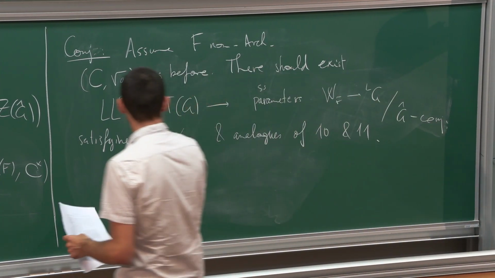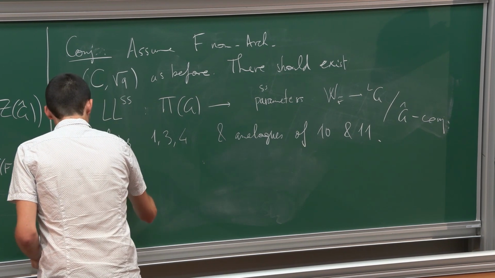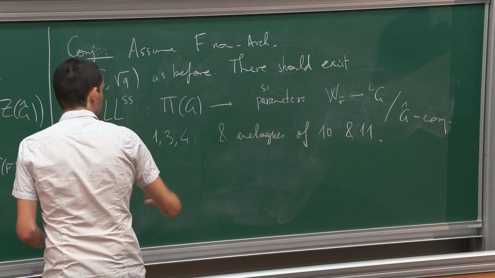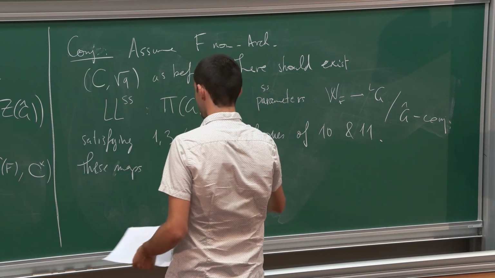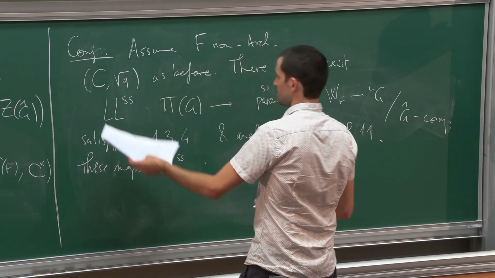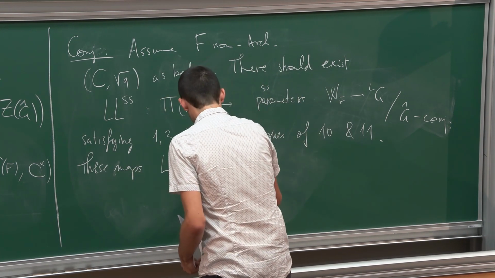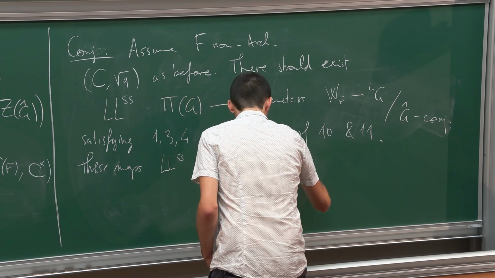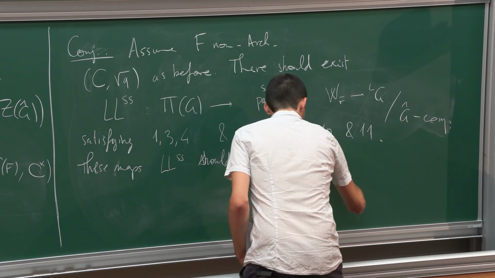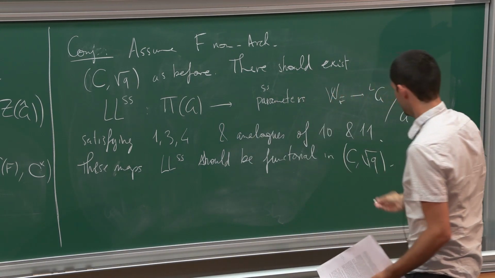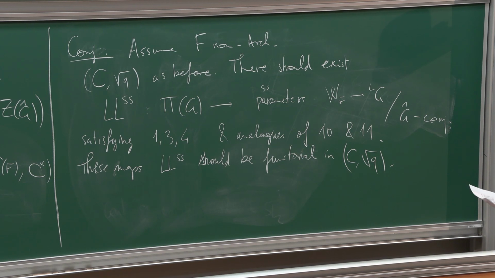These maps LLSS depend on G and C and the square root of Q, and this should be algebraic, so functorial in C and square root of Q. You can try to remove the square roots of Q if you like, but okay.